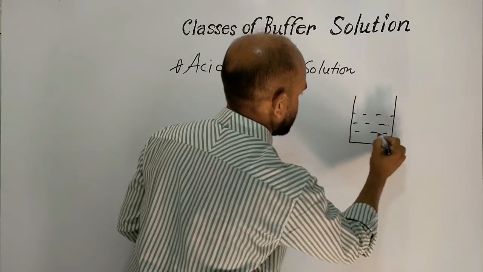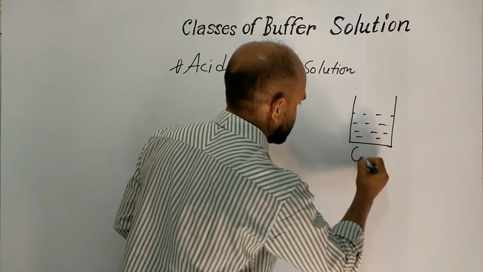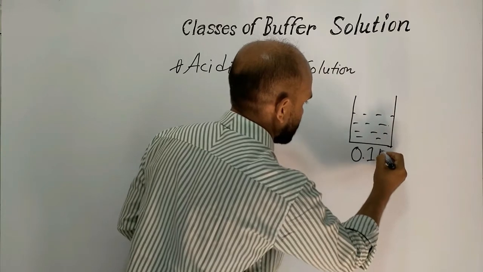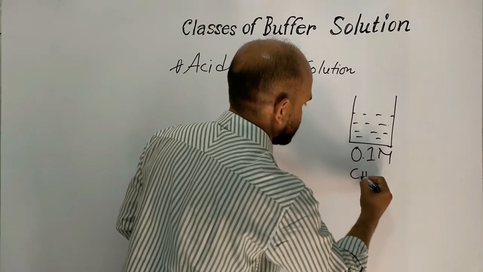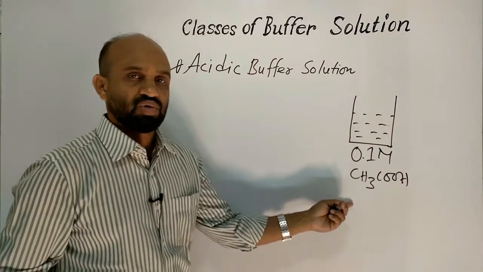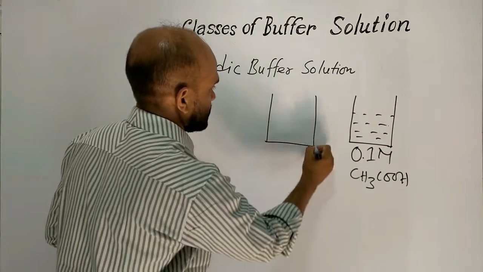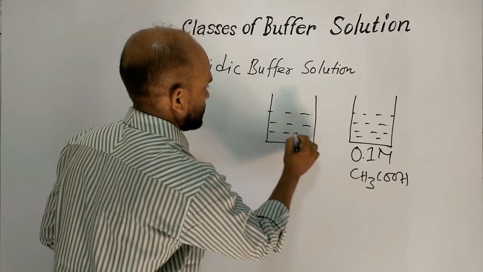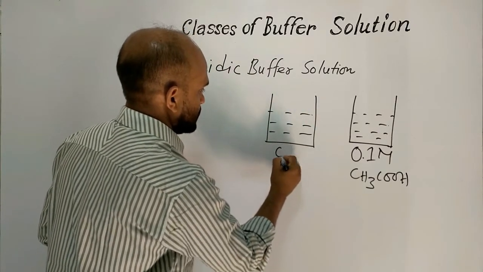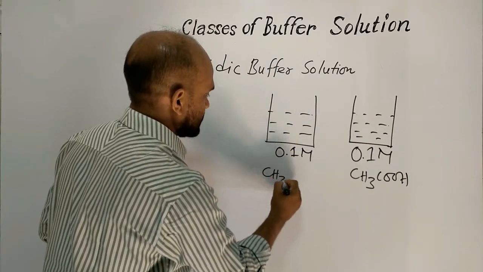This is the solution of acetic acid, and its concentration is, suppose, 0.1 molar acetic acid, which is a kind of weak acid. Another solution, 0.1 molar sodium acetate.